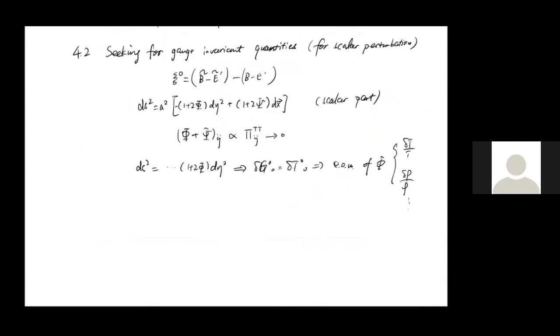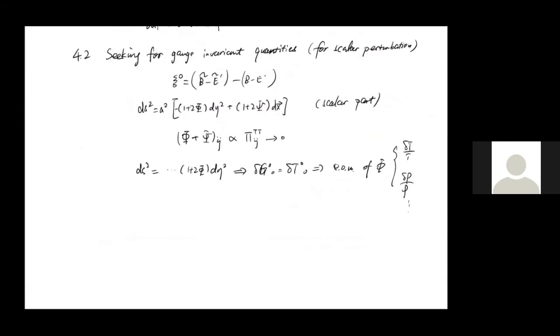So I just write it in here. Sometimes this is written as Q. It is called the field perturbation, the gauge invariant field perturbation, and sometimes also called the Mukhanov-Sasaki variable.